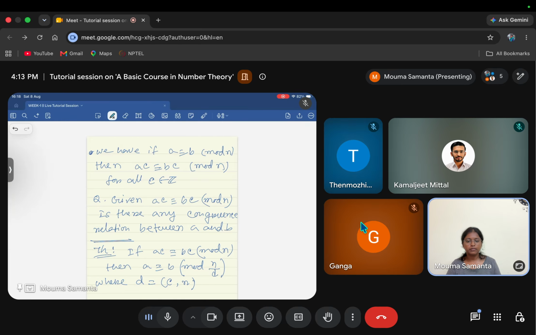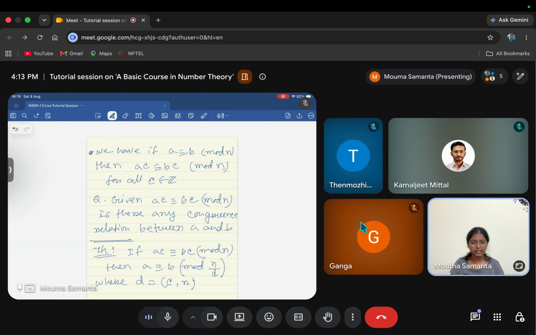So in the very basic theorems, what we get? Given a congruent to b mod n, that will imply ac congruent to bc mod n for any c. Now I am asking the reverse. If ac is congruent to bc mod n, this is the given statement, then can we get a congruent to b mod n or mod any integer?